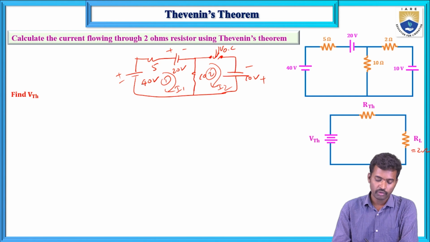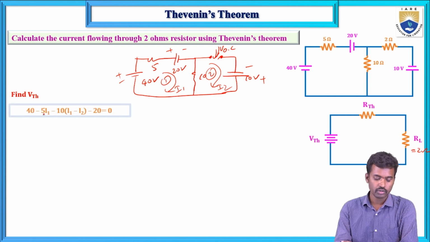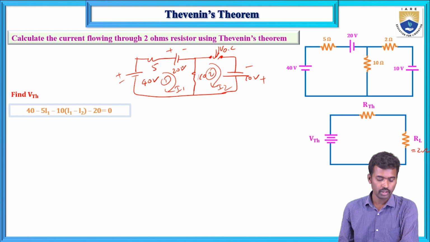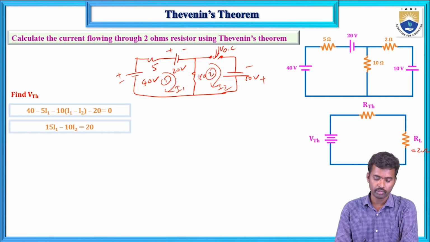Now if you apply KVL in mesh 1: minus 40 minus 5 I1 minus 10 into I1 minus I2 minus 20. What will be the simplified equation? 10 plus 5 is 15 I1 minus 10 I2 equals 40 minus 20, which is 20.